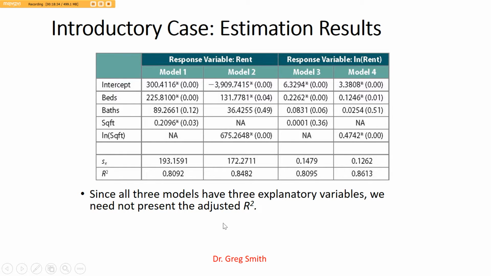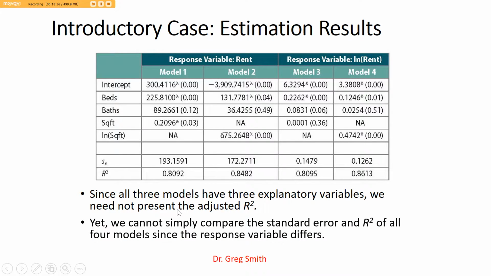And in the end, while we do have the models, we have 3 explanatory variables. The standard errors don't make a lot of sense because some have been logged, transformed. But the R-squareds, particularly the adjusted R-squareds, can be compared. Now, simultaneously comparing error and R-squared doesn't make a lot of sense, but it does make a lot of sense to compare R-squared adjusteds. And you'd find that models 2 and 4 tend to perform the best, particularly model 4.